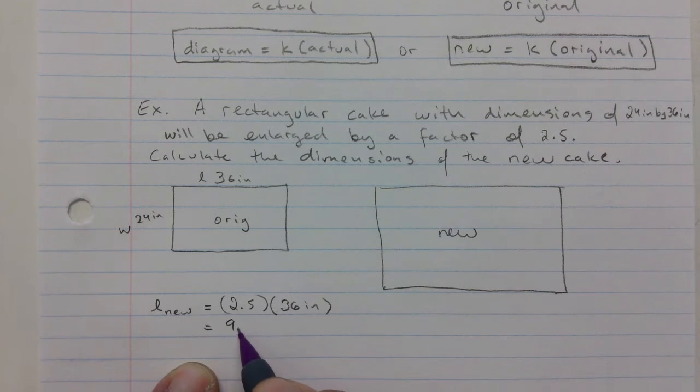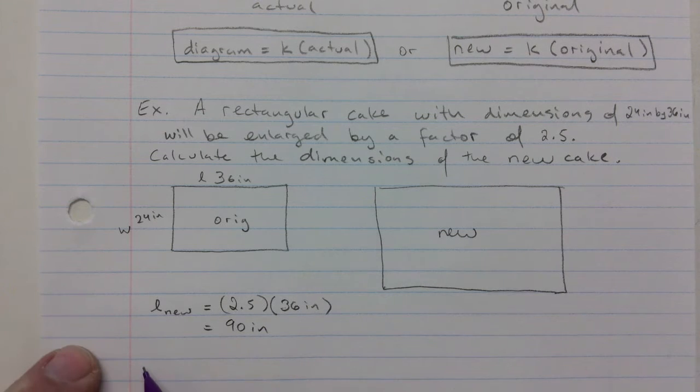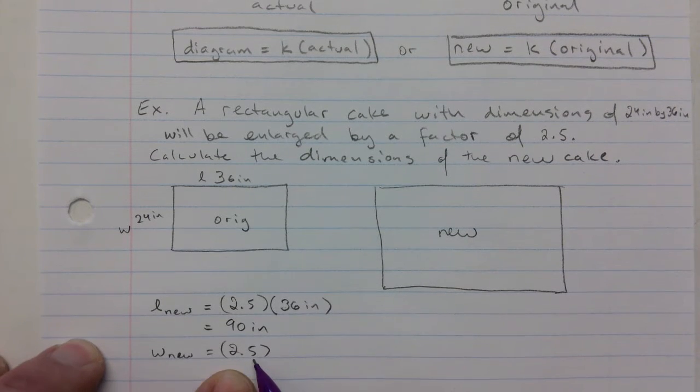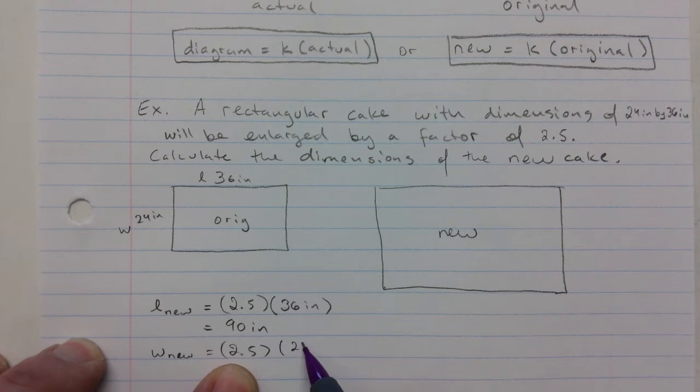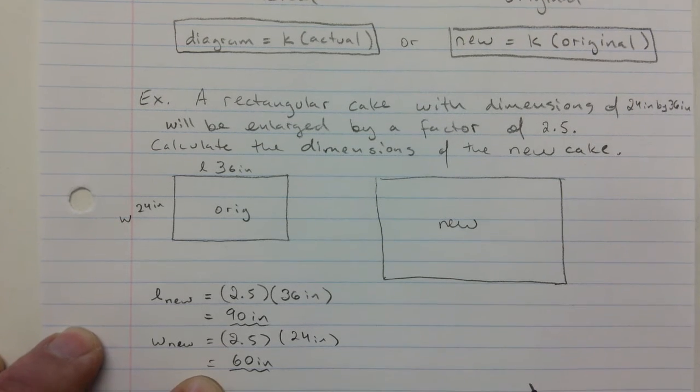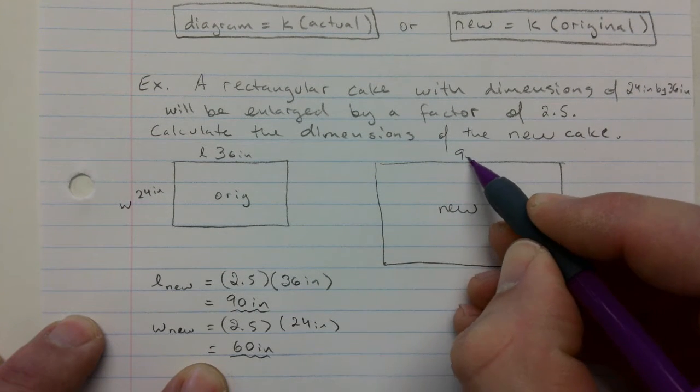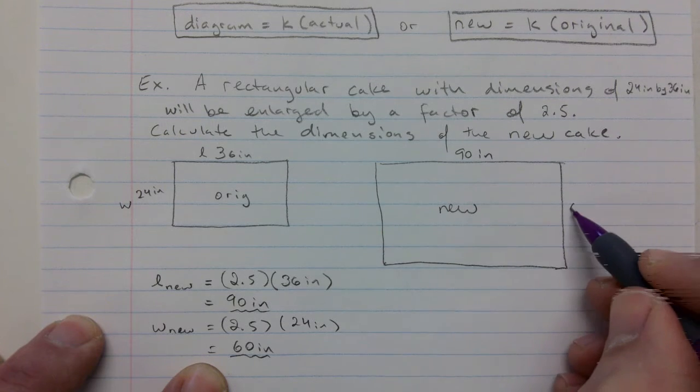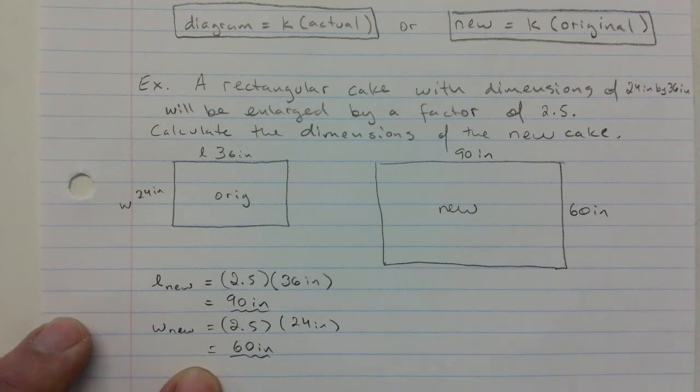That's 90 inches. And the width of the new would also be found by just multiplying the scale factor times the original width. So you just go 2.5 times 24, which is 60 inches. So here you have your new dimensions. Okay, so the 90 would go here, and the 60-inch would go there.